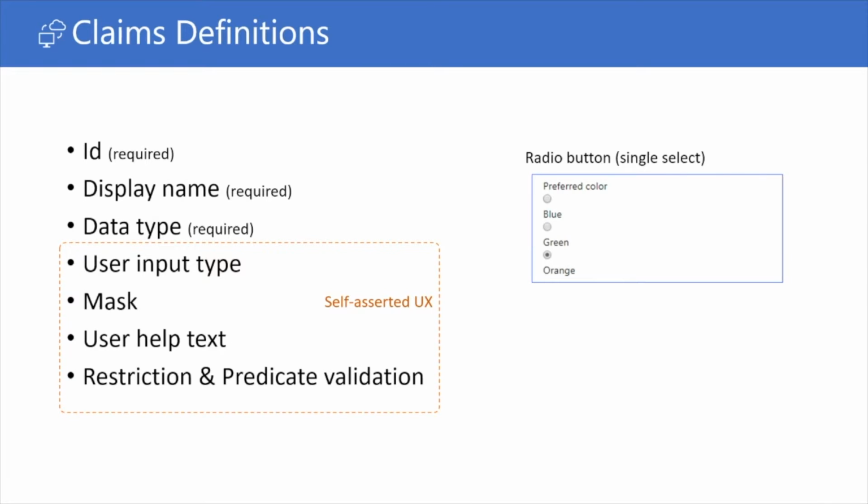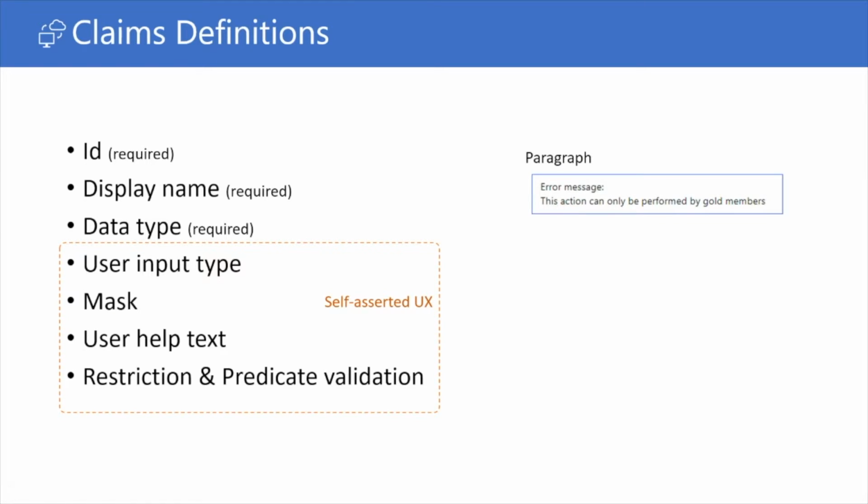Or instead of selecting from a drop-down list, they can select from radio buttons. They can choose multiple values from a set of items with checkboxes next to them. Or you can even have it listed as a paragraph, which is static text that the user cannot change. But this would be just a label that would be presented to the user.